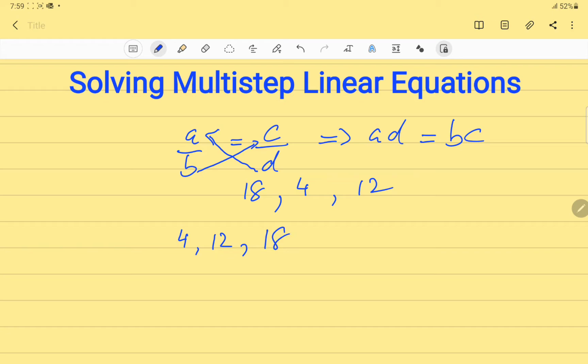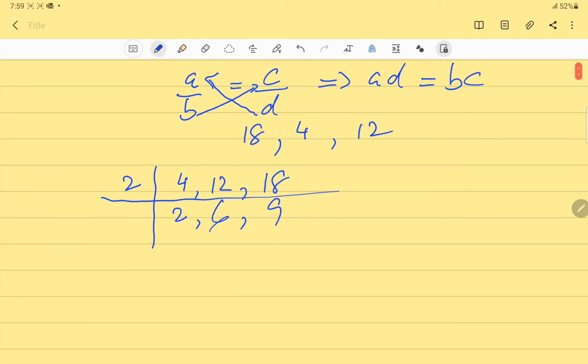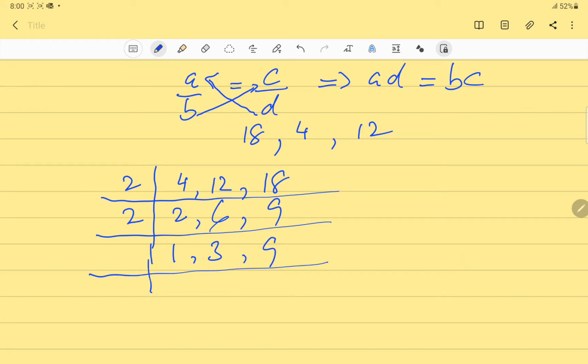You might have done it in your previous grades. All these three numbers are divisible by 2, so we'll divide them by 2. 2 2s are 4, 2 6s are 12, and 2 9s are 18. Still two of them are divisible by 2, so we will do it. 2 1s are 2, 2 3s are 6, and 9 will be as it is because it does not divide with 2.